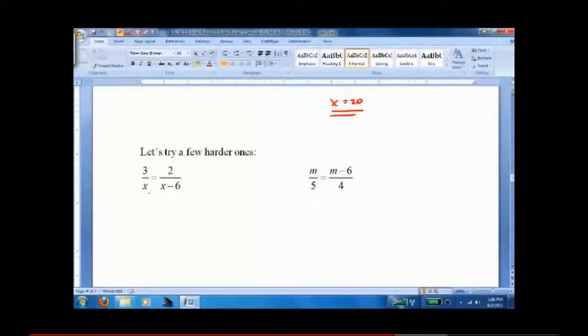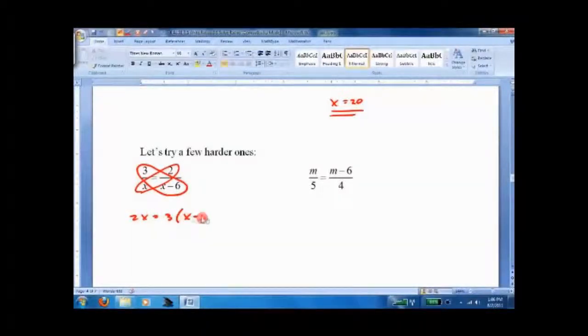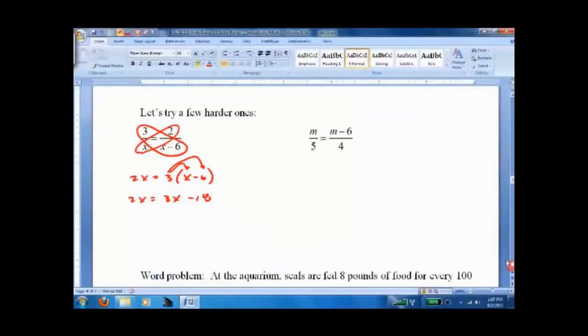Now I am going to circle one last time, and after that I will no longer be circling. So 2x equals 3, and be careful, x minus 6 is a quantity, so you need your parentheses, and then we need to distribute. 2x equals 3x minus 18. I think it'd be easier to move these over this way.